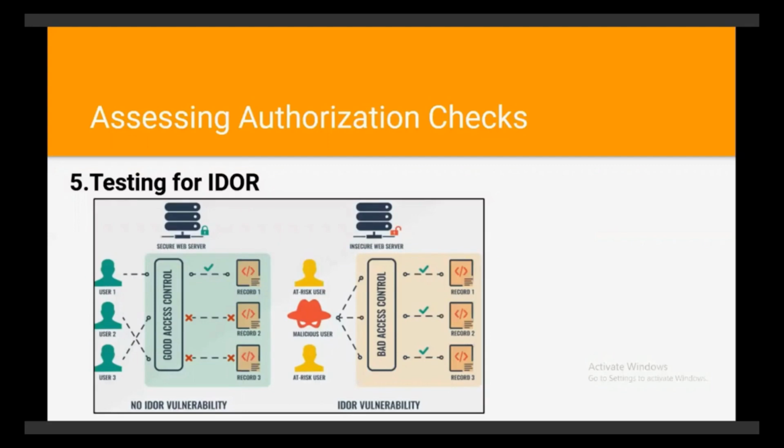So here there is no IDOR vulnerability. But if any malicious user is able to access any other user's data or any other system resource, this is called IDOR, insecure direct object reference. So let's do the practical for that.